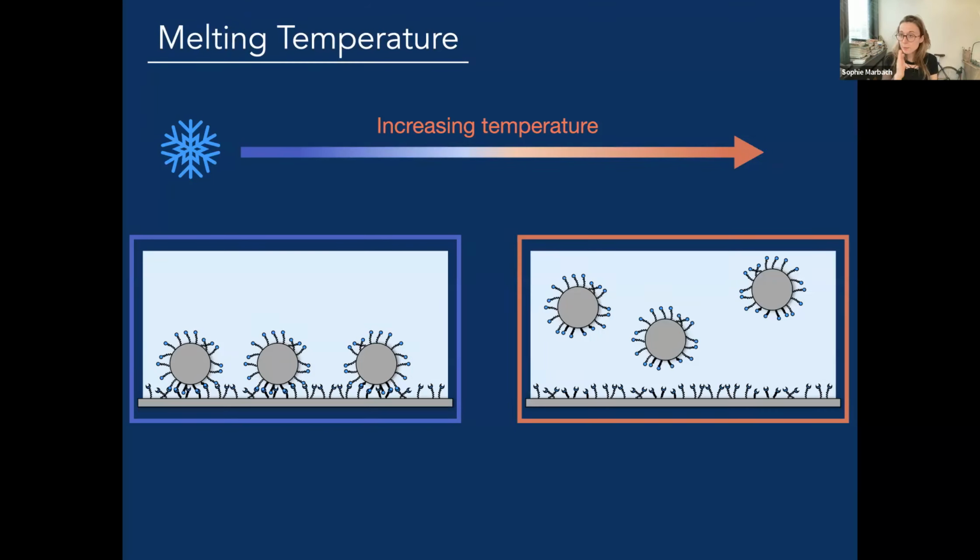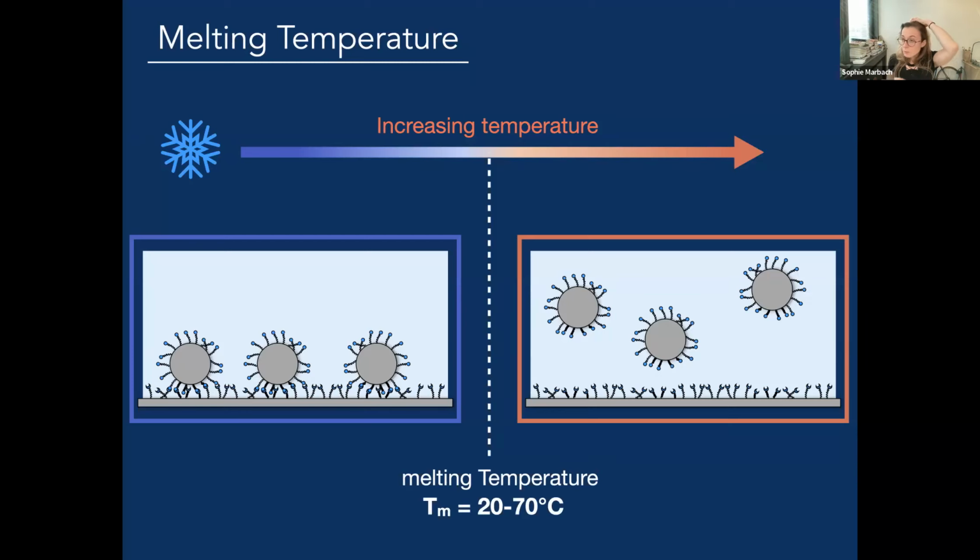And so there's a sharp, specific temperature that is called the melting temperature in the community, that can be tuned anywhere between 20 and 70 degrees. In fact, it can be tuned even wider, but we were interested in temperatures that were relevant to us, anywhere between 20 and 70, where this transition from strongly bound to unbound happens. So I'll be looking at my systems all the time with respect to this melting temperature, because it allows me to constrain the problem a little bit.